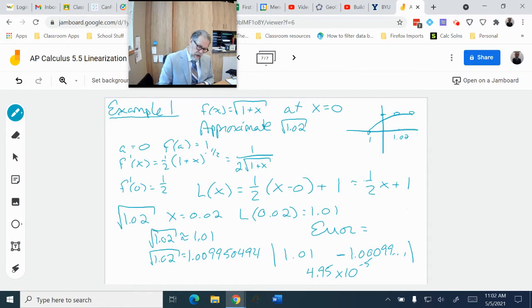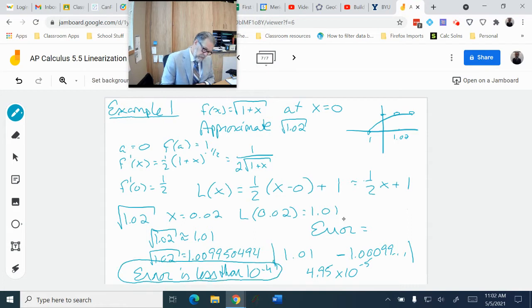And the way we report this is that our error should be less than 10 to the negative 4. Something times 10 to the negative 5 is less than 10 to the negative 4. That's pretty darn accurate. 0.0001 accuracy. Is that right? Yeah. Less than 0.0001 error.